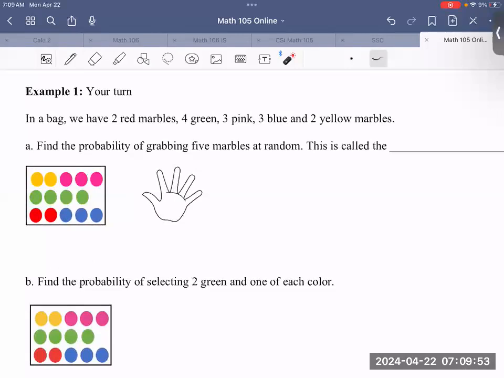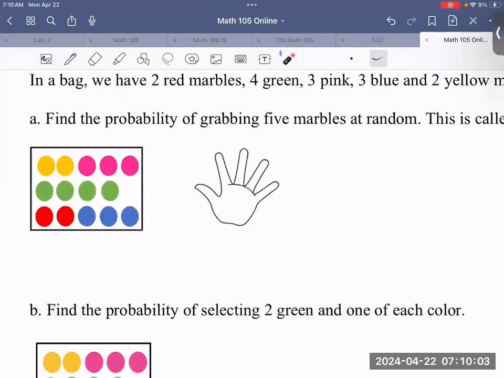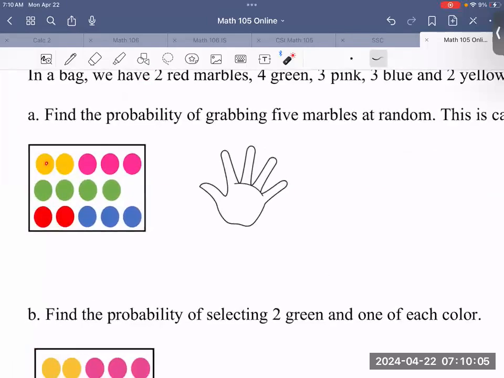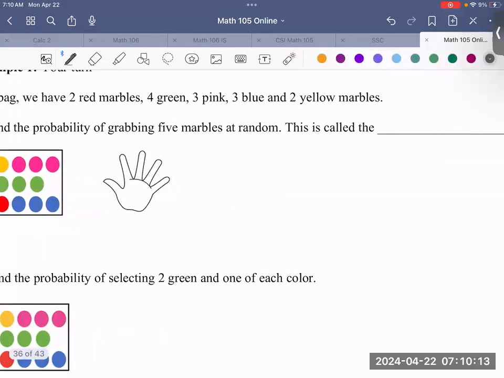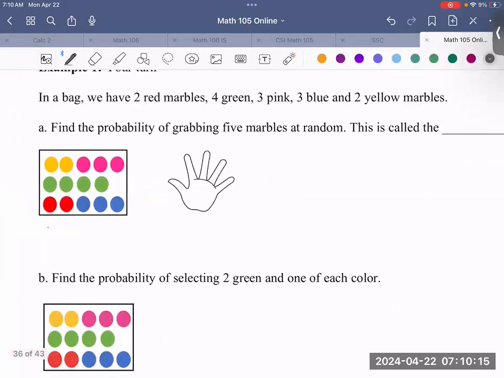So in your bag, we have 2 red, 4 green, 3 pink, 3 blue, and 2 yellow marbles. Find the probability of grabbing 5 marbles at random. Okay, so let's calculate: 1, 2, 3, 4, 5, 6, 7, 8, 9, 10, 11, 12, 13, 14. Or sorry, not red. We have 14 total marbles.